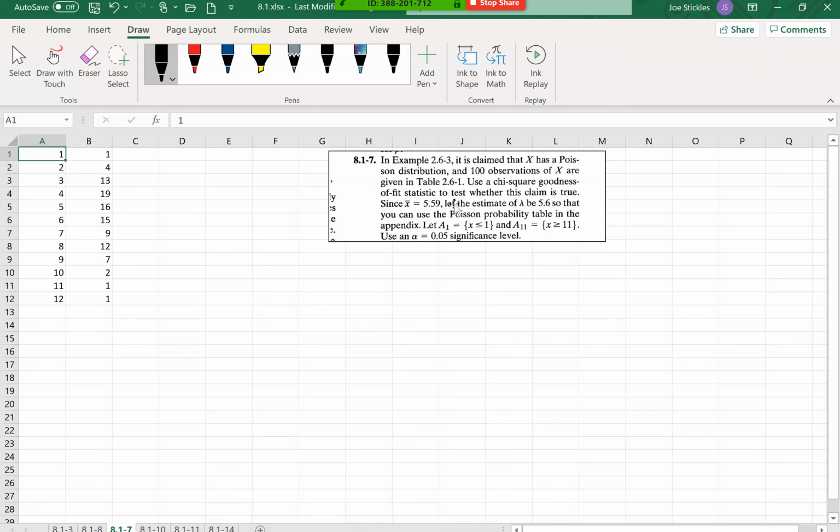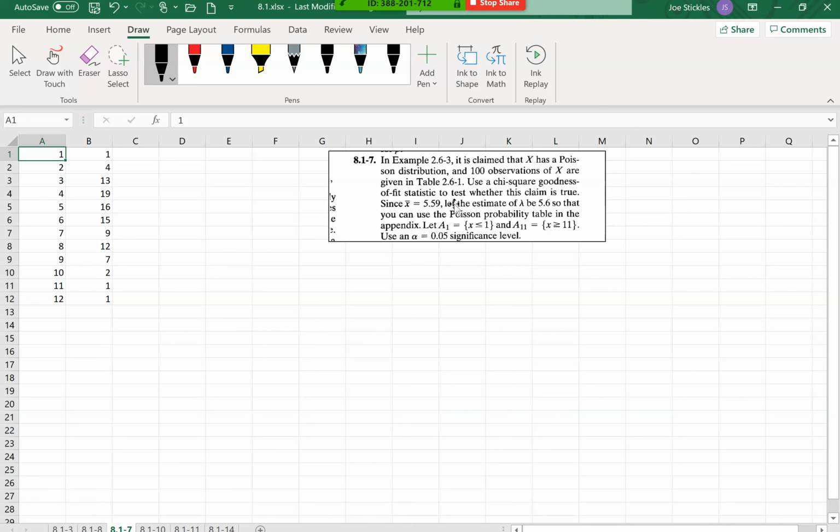However, once you estimate a parameter, and this is beyond the scope of what we can actually prove in what we've learned so far in this course, you lose a degree of freedom. So when you do your chi-squared test, every parameter that you have to estimate by a sample statistic loses a degree of freedom.